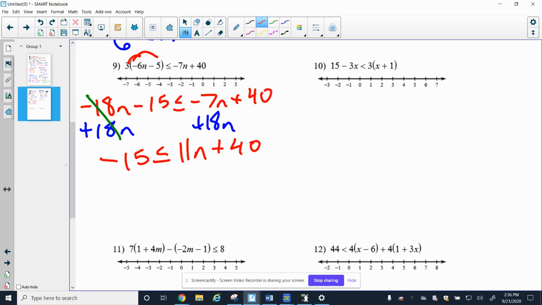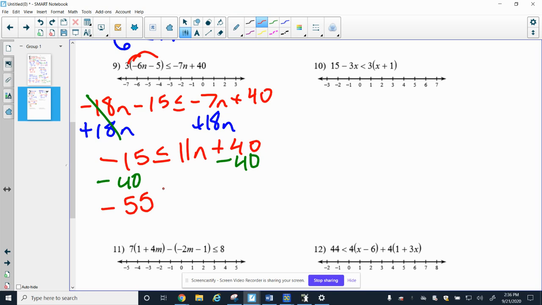So what we'll notice, guys, is when we get rid of the smaller number or the more negative number, if they're both negative, we'll always have a result that's positive. We like that because then we don't have to remember that rule with flipping the sign as often. Okay. Now we keep solving for n. Minus 40, minus 40. Negative 15 minus 40.